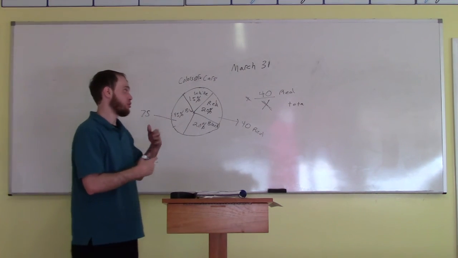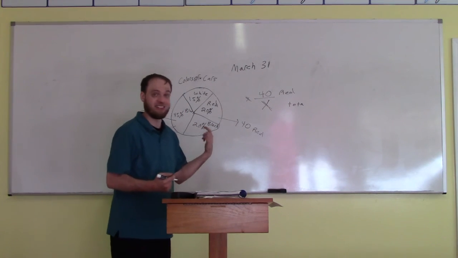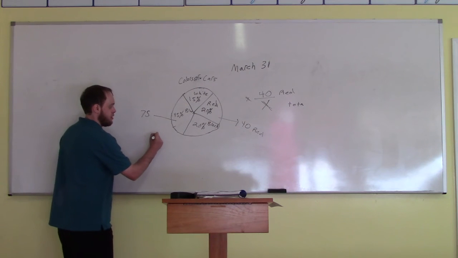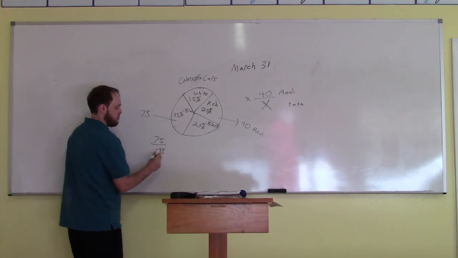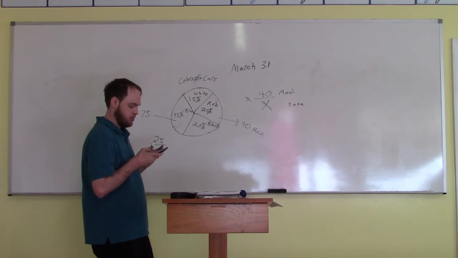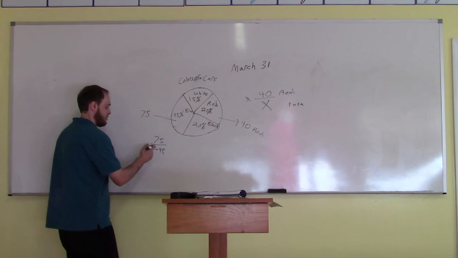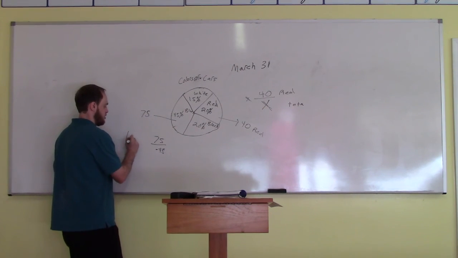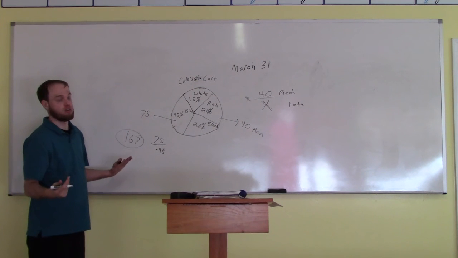Going through the process, all we're going to do is divide 75 by 45%. So you take 75 divided by 45%, which would be 0.45, so 75 divided by 0.45 gives you 167. So there are 167 total cars.